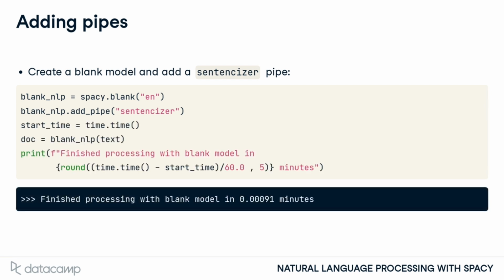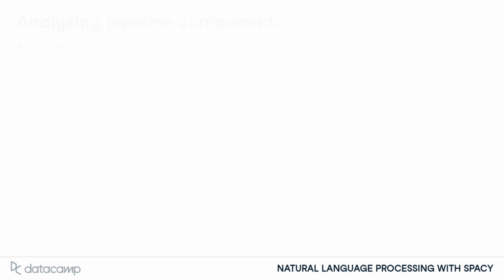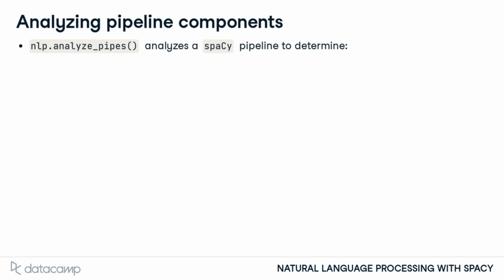By creating a blank model and simply adding a sentencizer pipe, we can considerably reduce computational time. The reason is that for this version of the spaCy model, only the intended pipeline component, sentence segmentation, will run on the given documents.